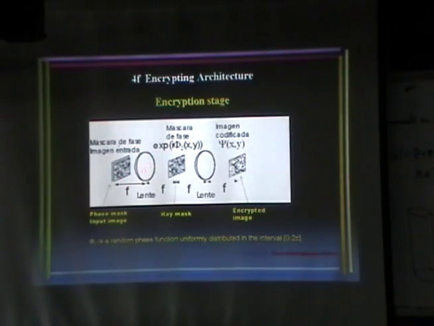You obtain a first Fourier transform of this input, and in the Fourier plane you insert your key mask, which is another random transparency with scattering. After a second Fourier transform, finally you get your encrypted image here.